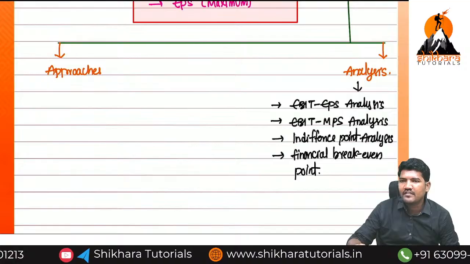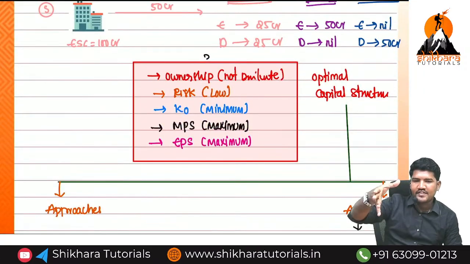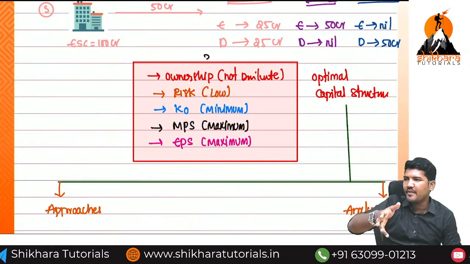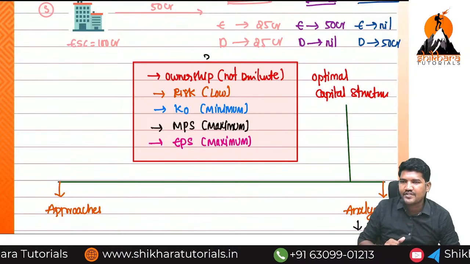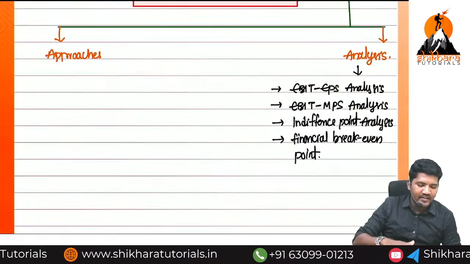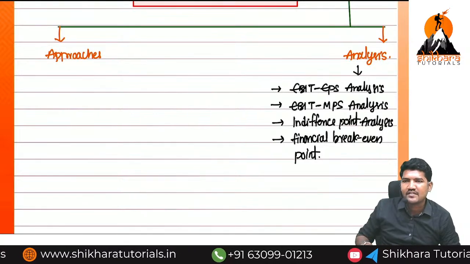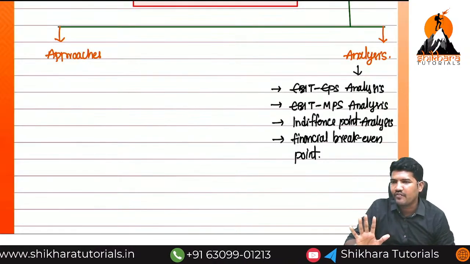Guys, completed? So I already said, if you are focusing on MPS, you need to pick highest MPS. If you are focusing on EPS, you need to pick highest EPS as an optimal capital structure. The calculation part is involved in this EBIT to EPS analysis, EBIT to MPS analysis. There is no problem based on this in your final.